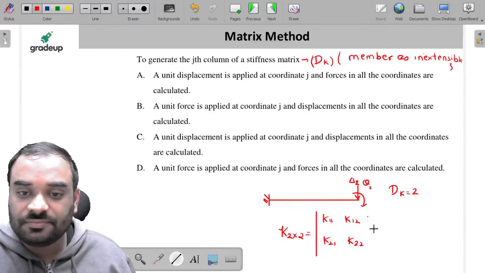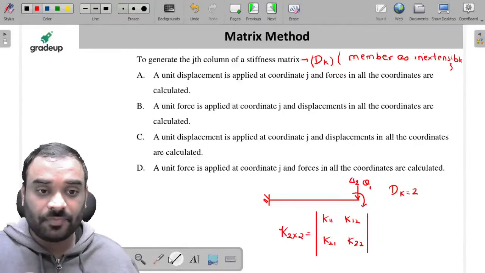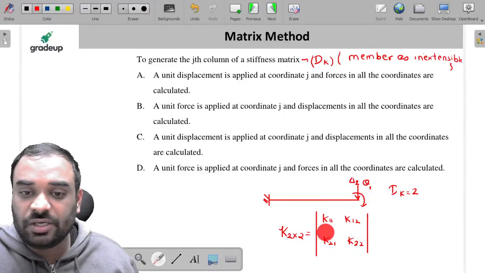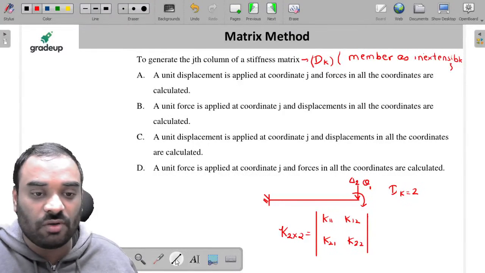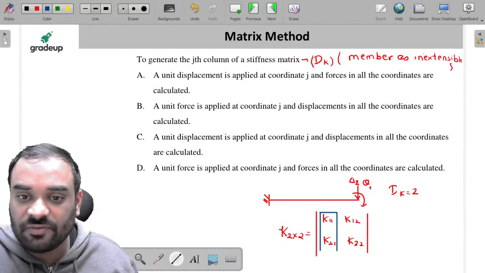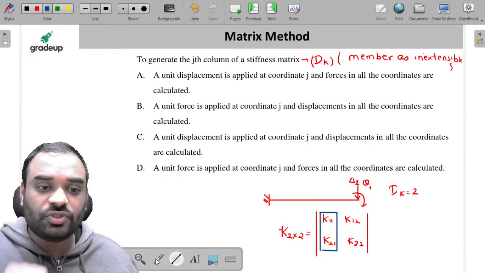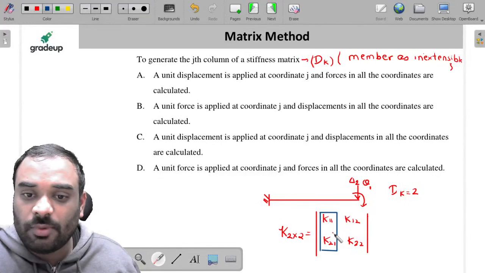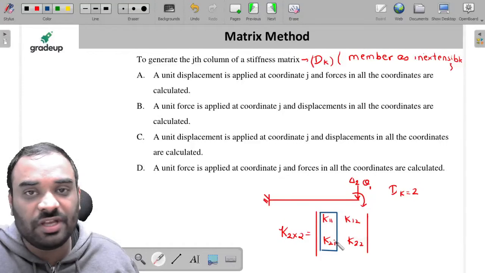Now how can we find these elements, my friends? Just see this particular column first. In this column, 1 is common in both the elements.